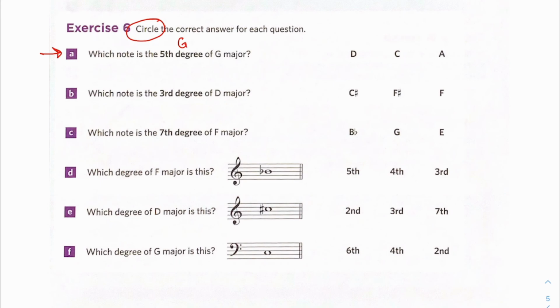So they are G, A, B, C, D, E, F sharp, and G. So which note is the fifth degree? G would be the tonic or first degree. A would be the second degree. B would be the third degree. So 1, 2, 3, 4, 5. The answer would be D.